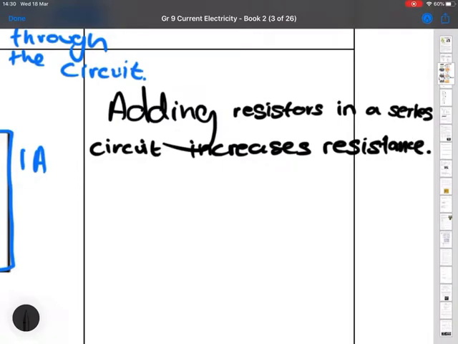Okay, so adding resistors in a series circuit increases resistance. If you increase resistance, it decreases current. And if you decrease the current, that will mean that you'll have dimmer bulbs.